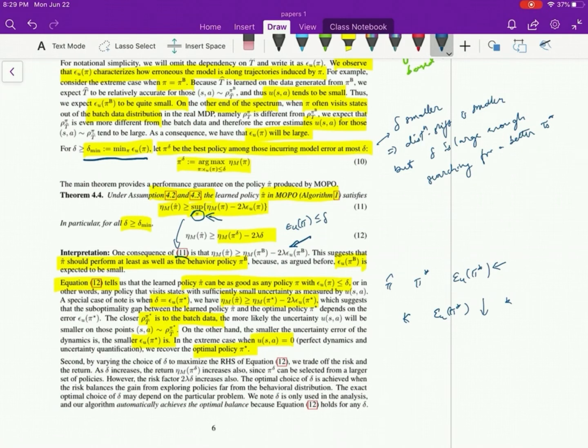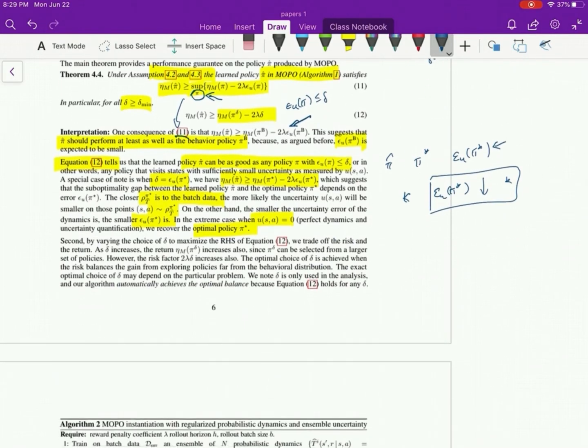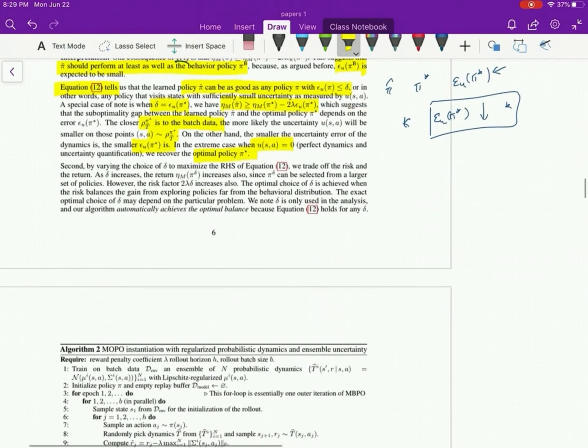Yeah, this would be a good contribution as well. So let's see. Let's go further. Yeah, the optimal choice of delta is achieved when balanced.